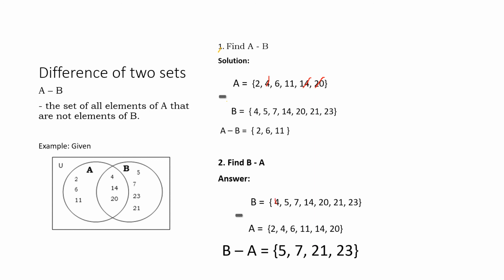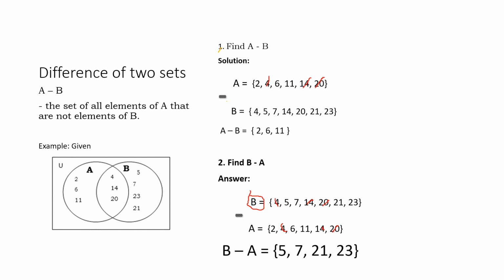So, remove natin si 4 because 4 ay element din ni A. At else, we have 14. 14, tanggal. 20, cancel, cancel. Then next, ano naman yung natira kay B? 5, 7, 21, and 23. So, yun na yung answer natin sa B minus A.